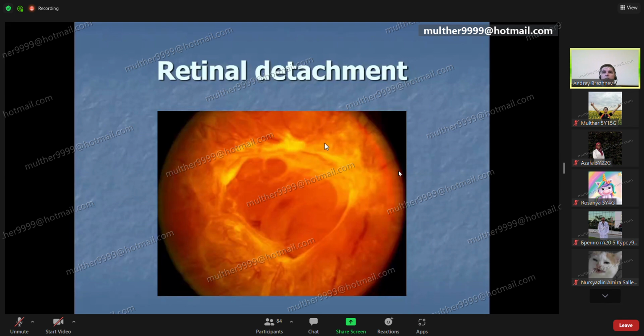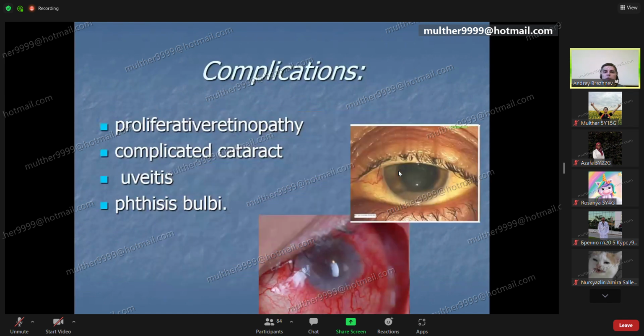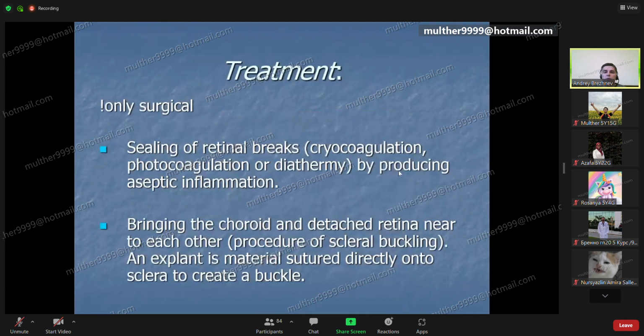And of course, in this case, it's necessary to remove these membranes because they detach the retina in the vascular arcades in this area, in the central part and the peripheral part, and without treatment, the prognosis for the visual functions and even for the eyeball as an organ is doubtful. So what are the principles of retinal detachment treatment?